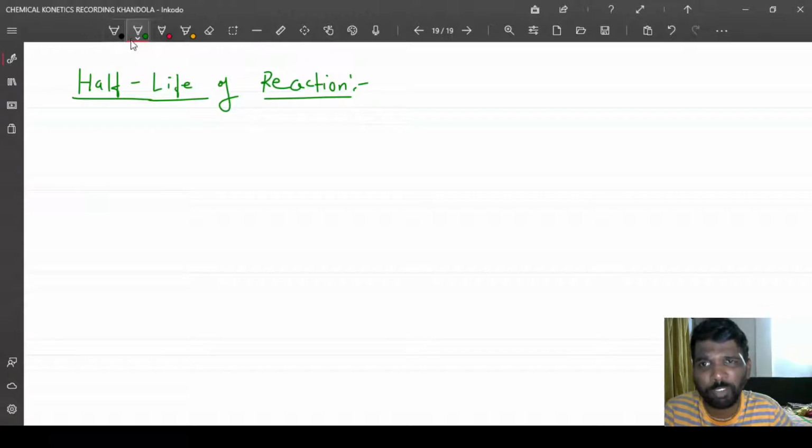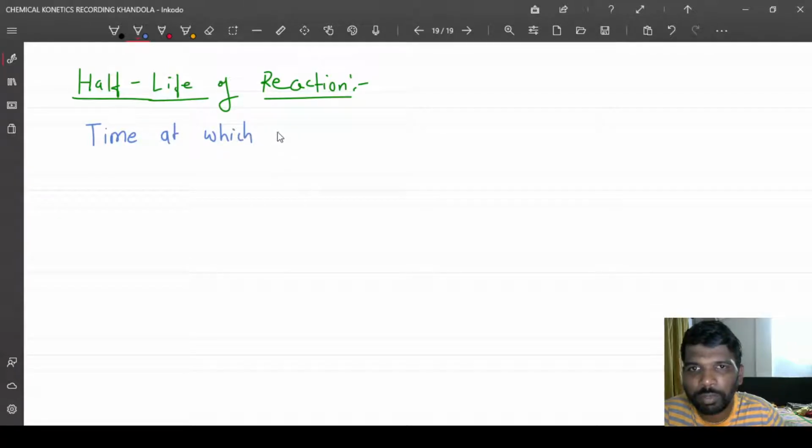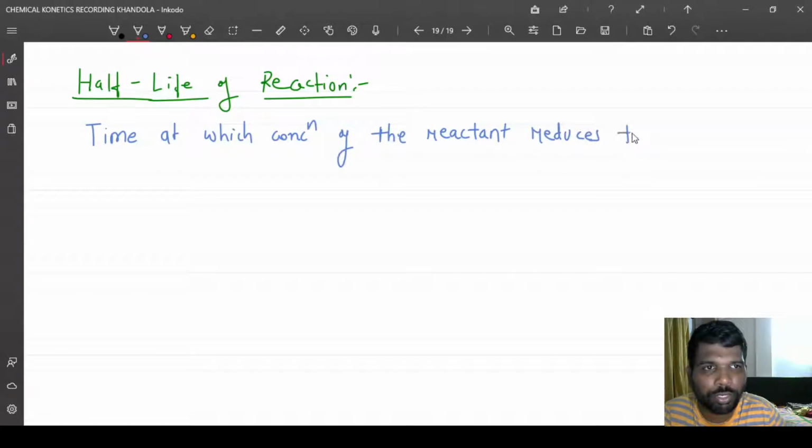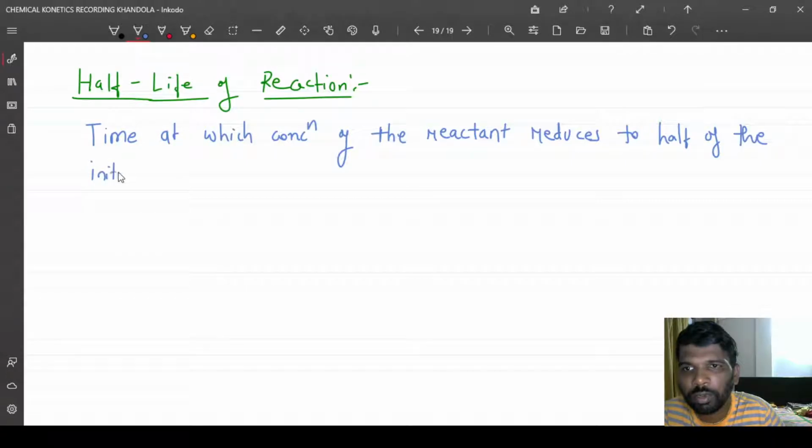If I want to explain this, first I'll write the definition of the half-life. Half-life means the time at which the concentration of the reactant reduces to half of the initial concentration.